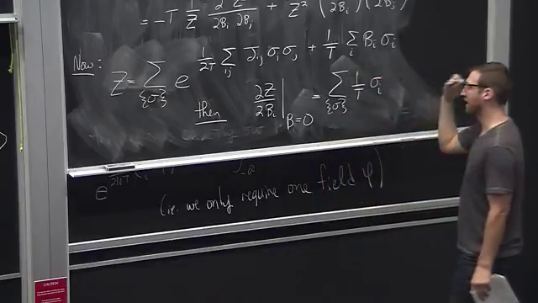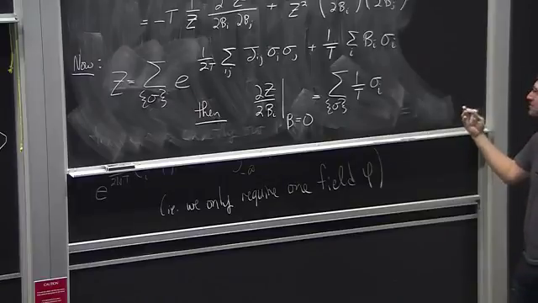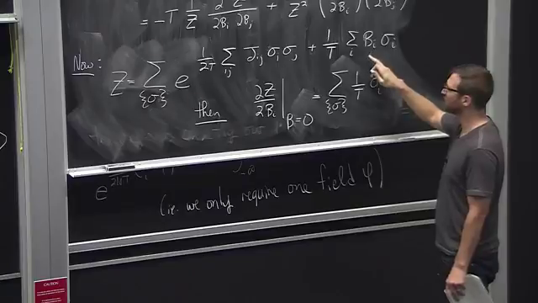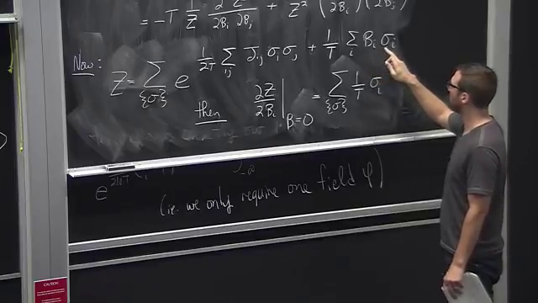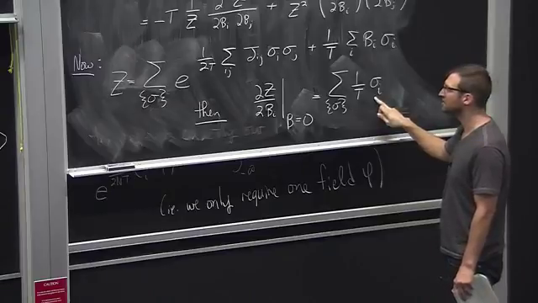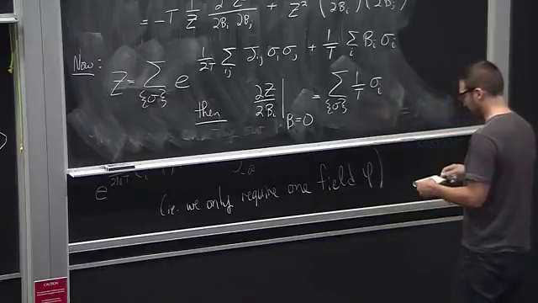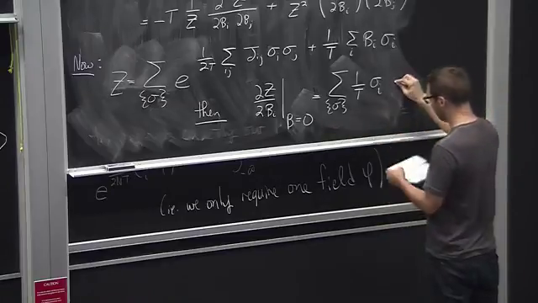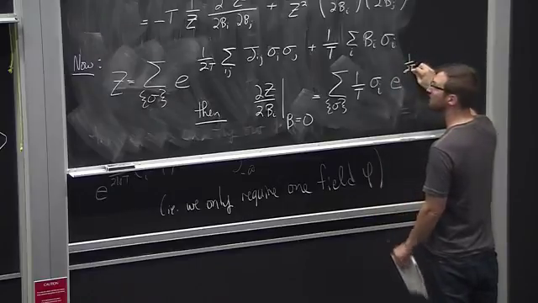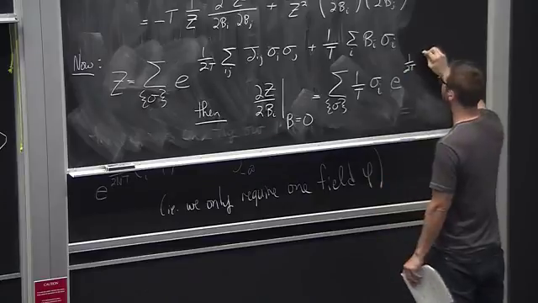And the whole effect of that, the whole reason we take these derivatives, they're like a generating function for the derivative in the sense that it brings down the sigma I in this case. Right, and if I set the field to 0, then all I have left is e to the 1 over 2t, and then the interacting piece.